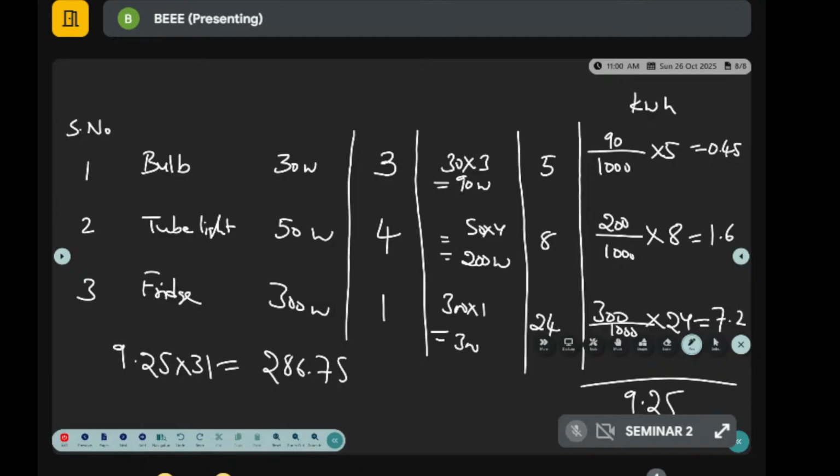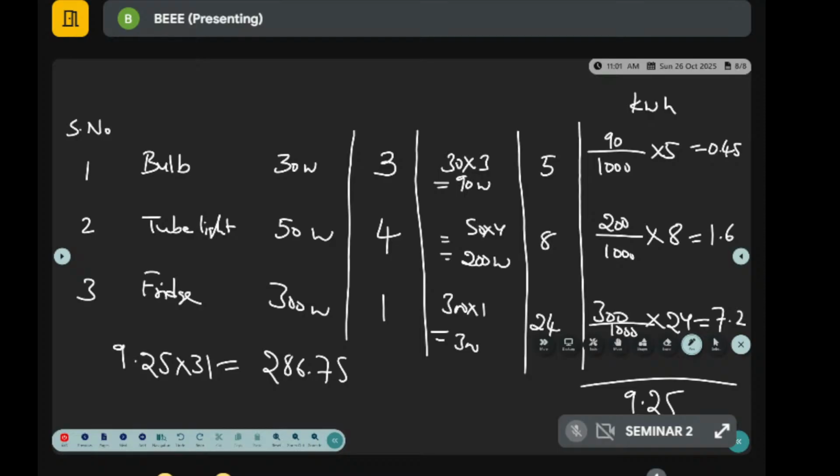Okay. Some of the students are rounding this one to the nearer value. They are writing 9 or 10. So 10 multiplied with 31 means you will get 310 units, thereby increasing the bill.